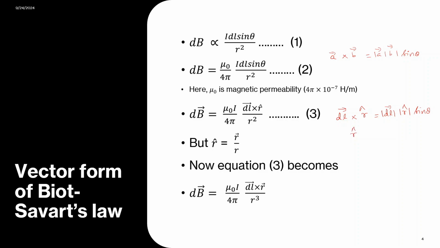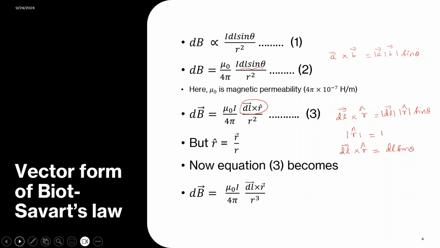But modulus of the unit vector r cap equal to 1, then dl vector cross r cap is equal to dl sin theta. Therefore, instead of dl sin theta, we have used the term vector dl cross r cap.